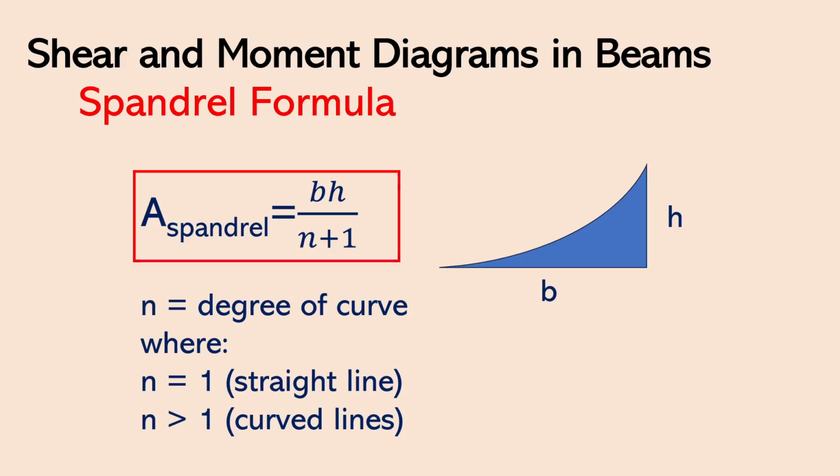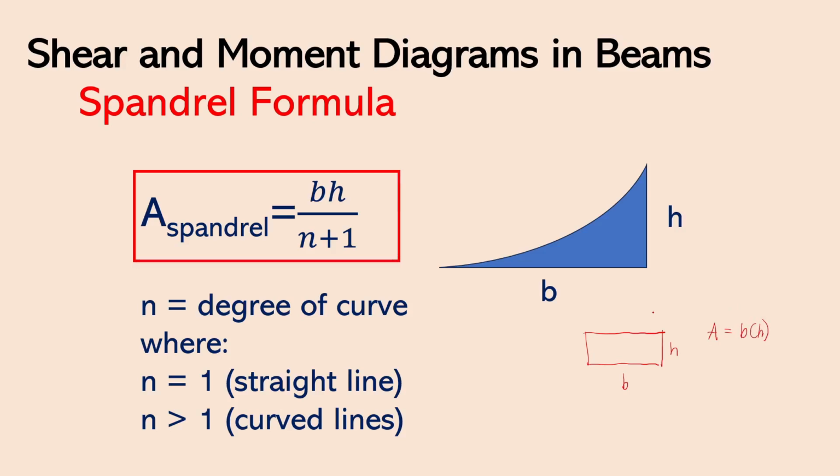Now, this is our spandrel formula. The area of the spandrel is equal to B, or the base, multiplied by the height, divided by n plus 1. Usually, so that I won't forget this formula, my baseline is the rectangle. Let's say we have a rectangle, with this as our base and this as the height. The area of this is just base times height, or length times width, whichever.